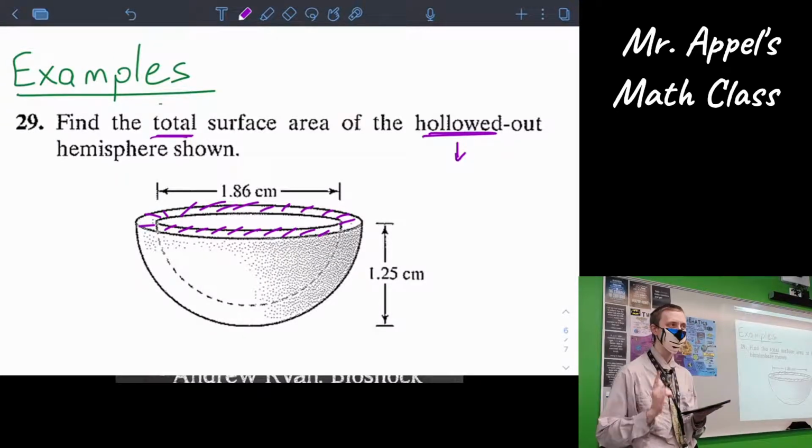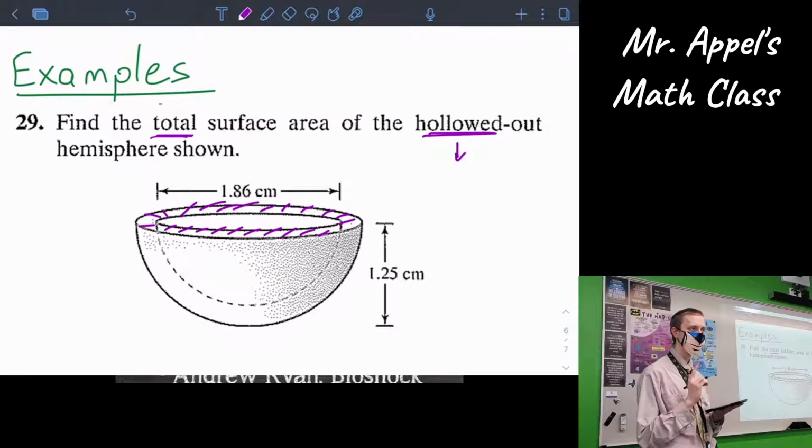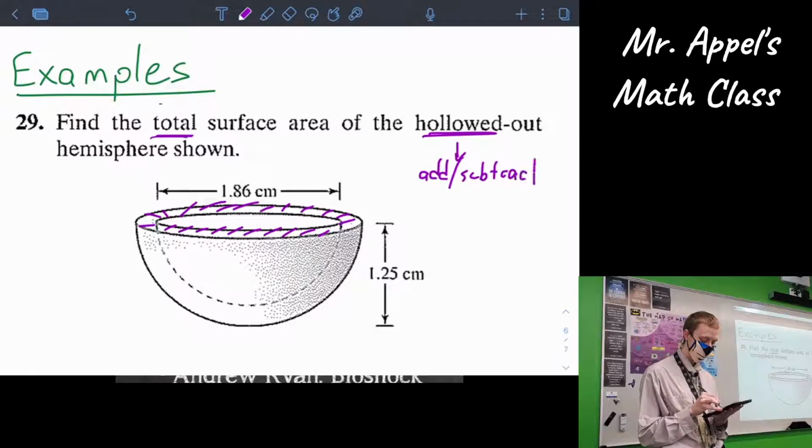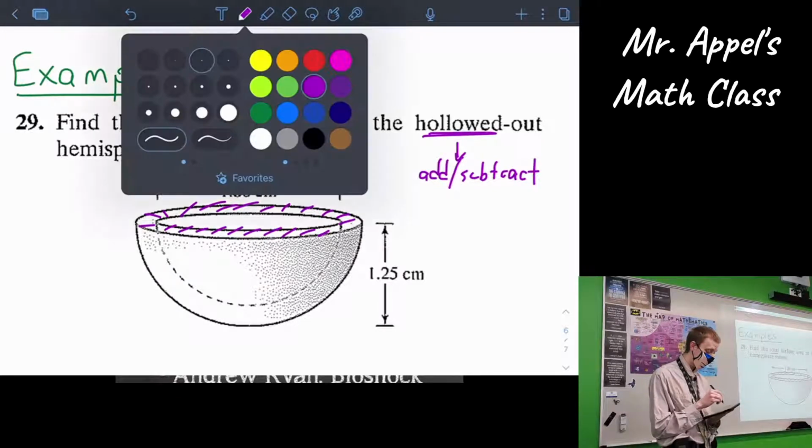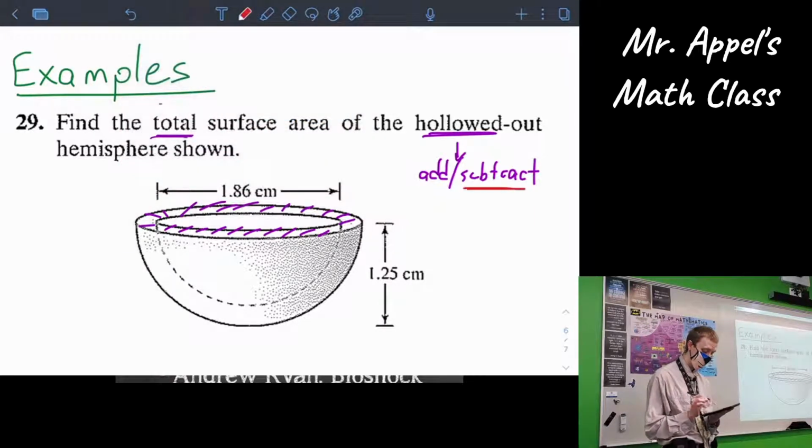But if they say hollowed out, I must now do what? I might have to subtract, right? But watch out for that. What am I taking away? What am I adding here?